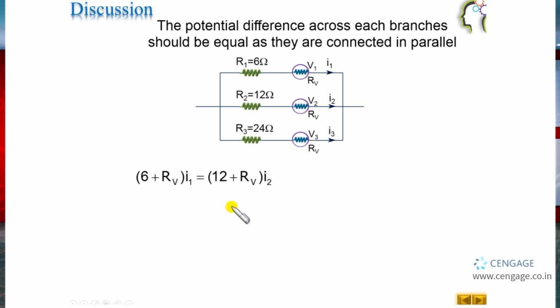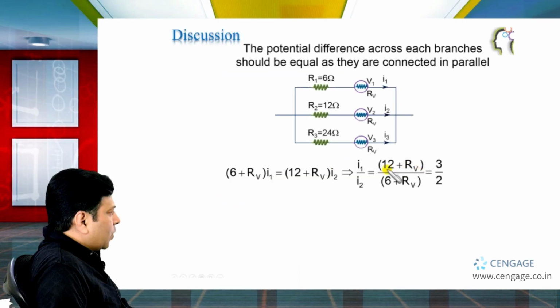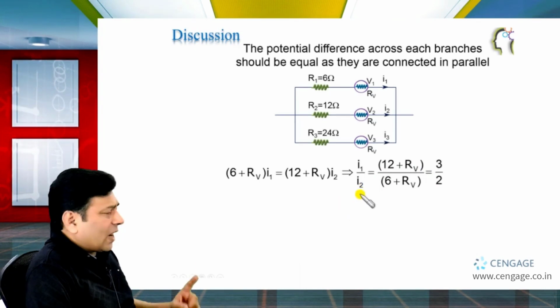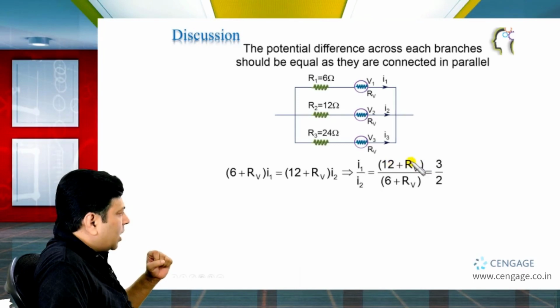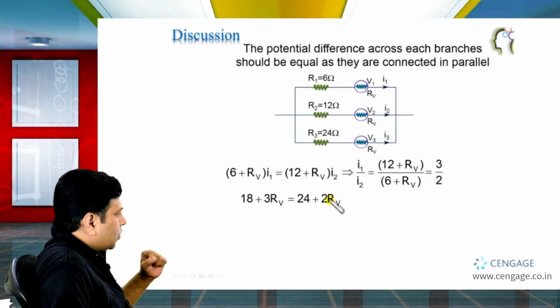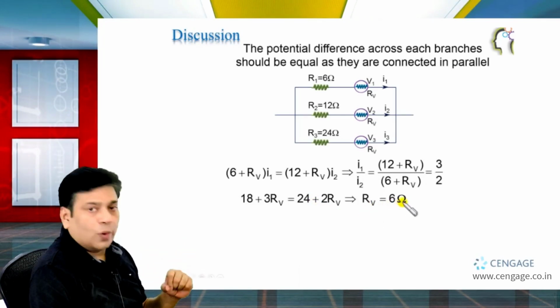Now we can rearrange, and we know the ratio is 3 divided by 2. If we cross multiply, we can get the value of RV: 24 multiplied by 2 RV equals 18 plus 3 RV. Rearranging, we get RV equal to 6 ohm.